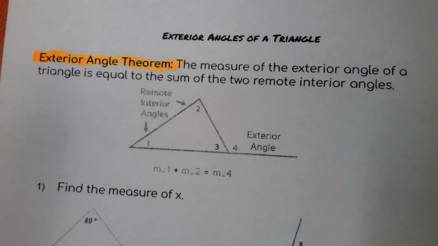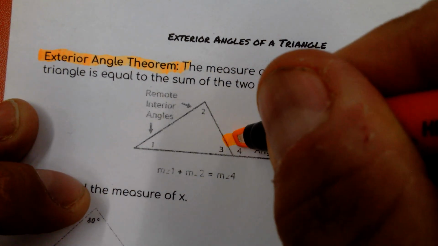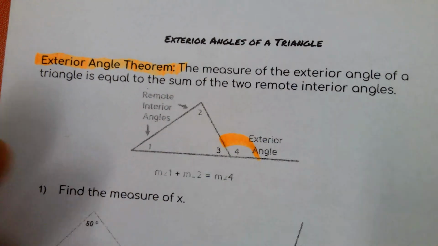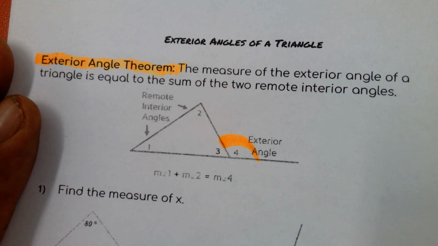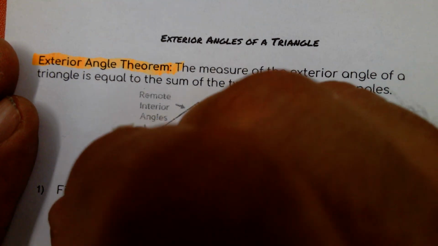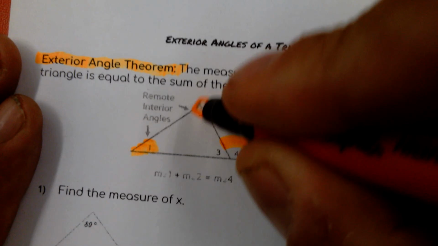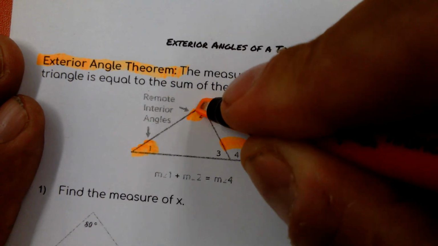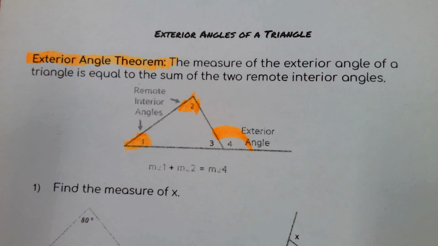All right. So what it's saying is this angle here, angle 4, that's the exterior angle, is equal to angle 1 and angle 2 added up.